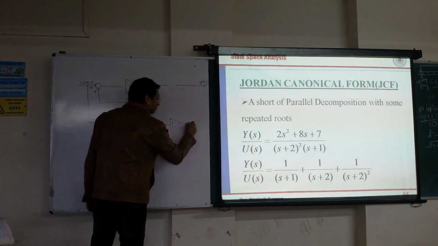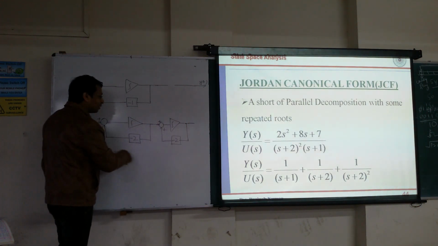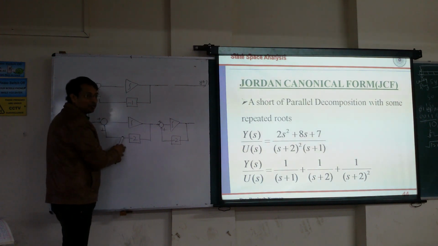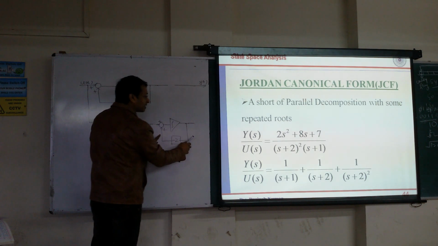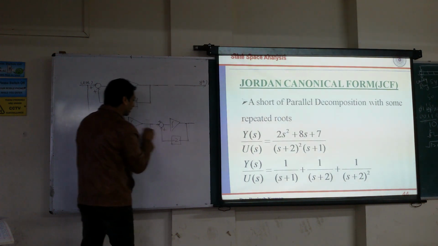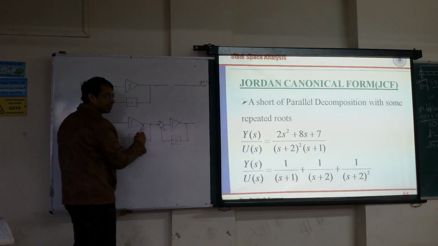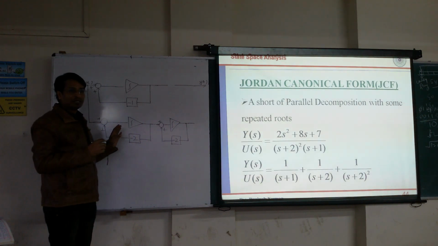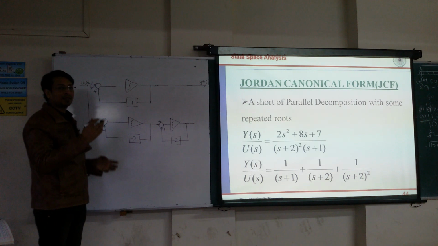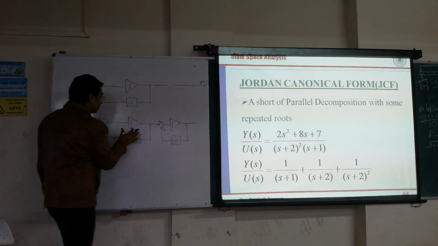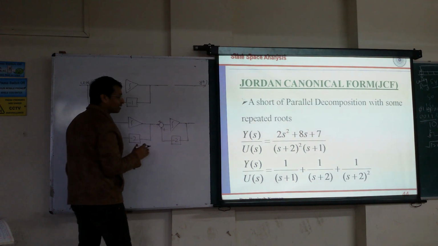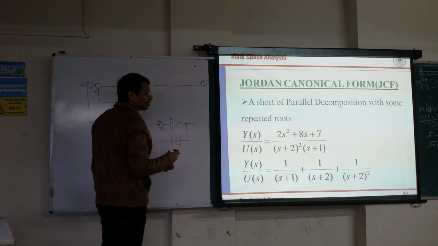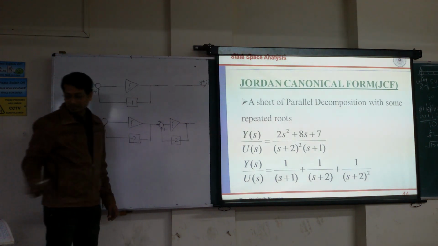Correct? So you will get 1 plus s by 2 from this particular block and 1 plus s by 2 from this particular block, and these are in series combination, and you know if the block diagram remains in series connection, the results are going to be multiplied. So 1 plus s by 2 multiplied by 1 plus s by 2, you will get s plus 2 square. Correct?